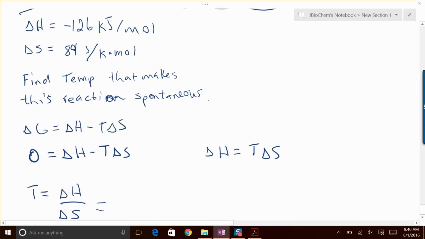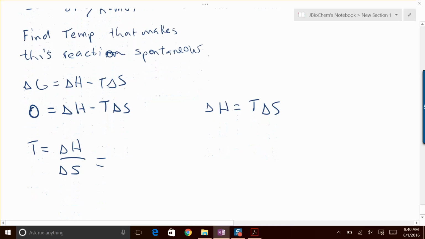Leave it in Kelvin. Okay, so what did you guys find for your Kelvin temperature here? That doesn't make sense. Why not? It doesn't make sense because this is spontaneous at all temperatures.